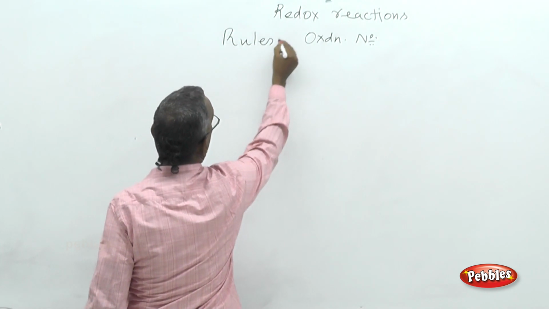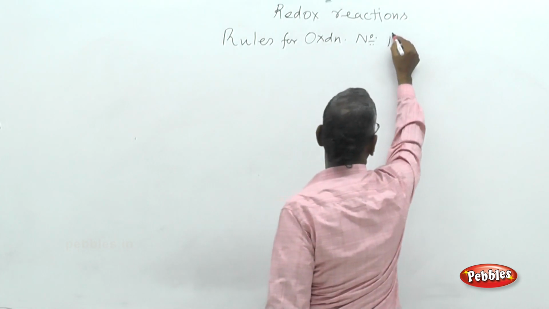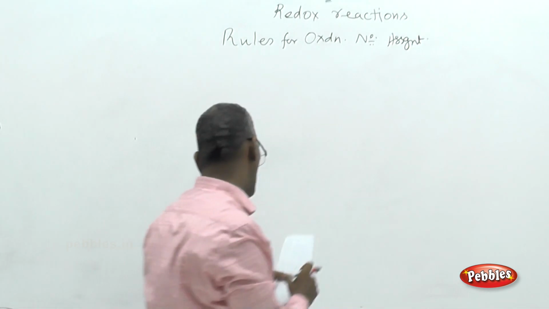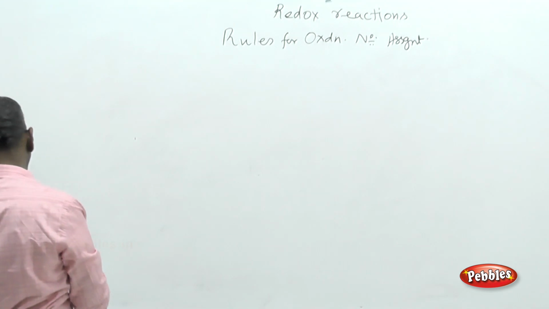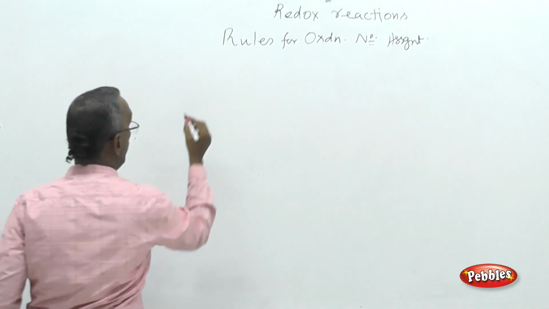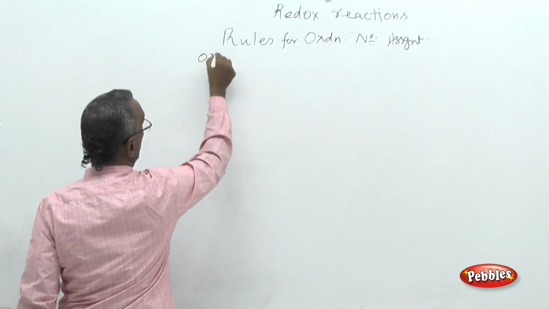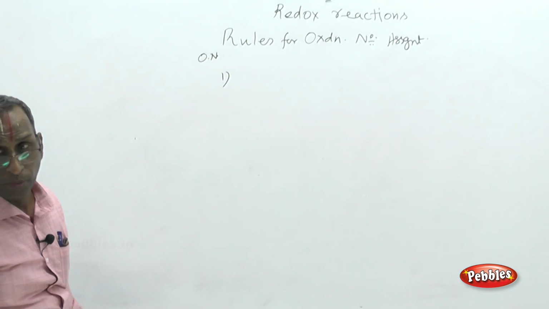Now, the important rules for oxidation number assignment to a particular element in a compound. First, let us write briefly O.N means oxidation number.